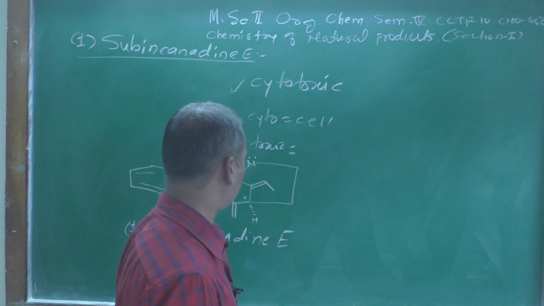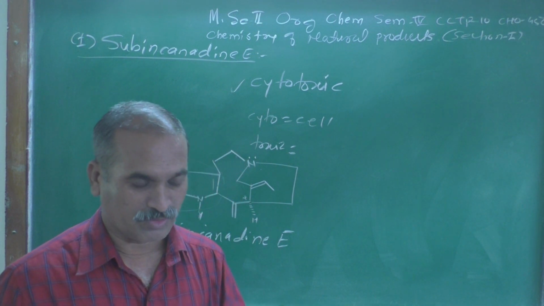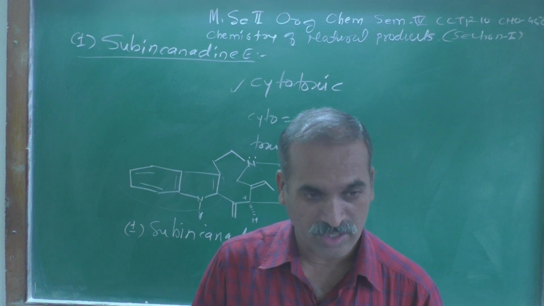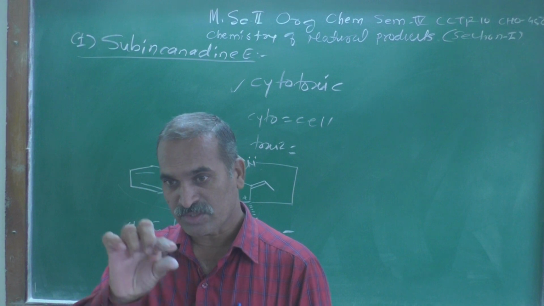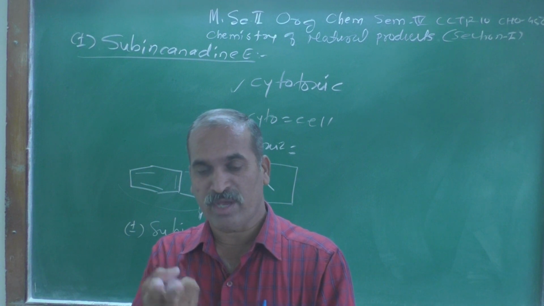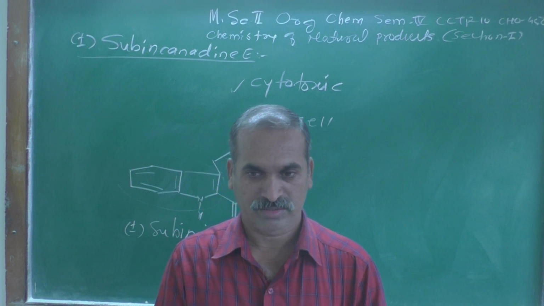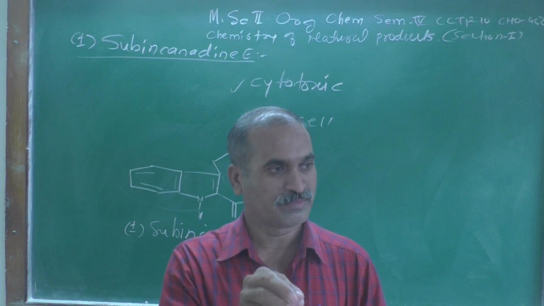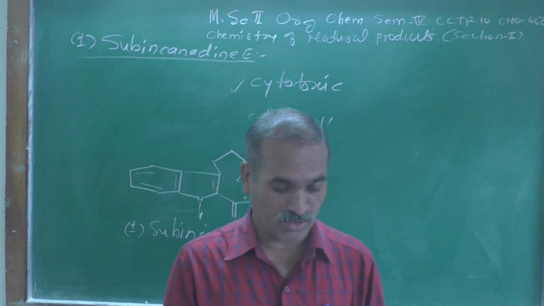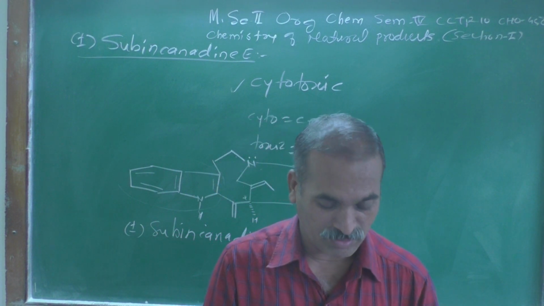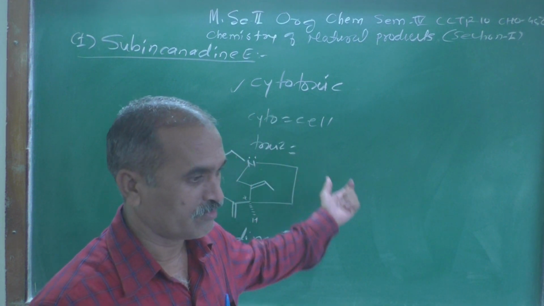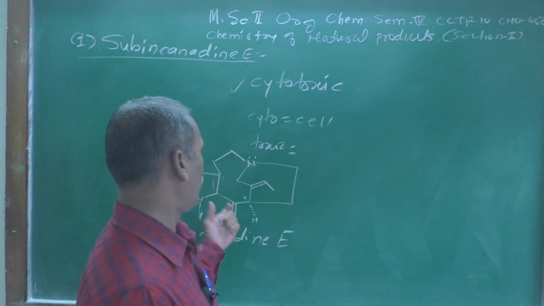For that we have to give the priority numbers 1, 2, 3, 4, and then see the motion of that arrow, whether it is in a clockwise or anti-clockwise manner, by following the CIP rule, and then you can clearly find out whether it is the R configuration or the S configuration. That is a promising challenge over here.